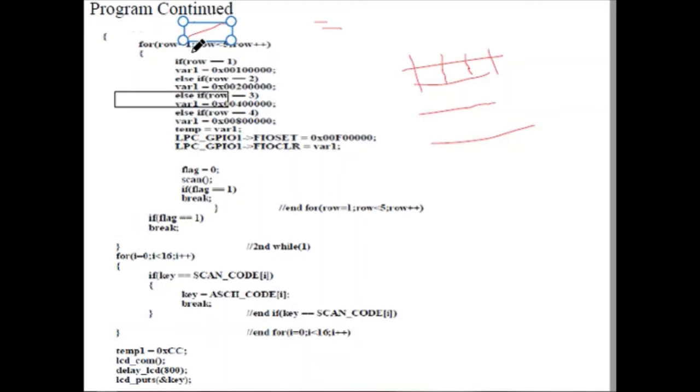If it is the first row, what will be the value loaded on variable 1? Variable 1 will be loaded with this value, 0 0 1 followed by these many zeros. Why is 1 used at this particular position? This 1 represents the bit values of the port which are connected to the row.